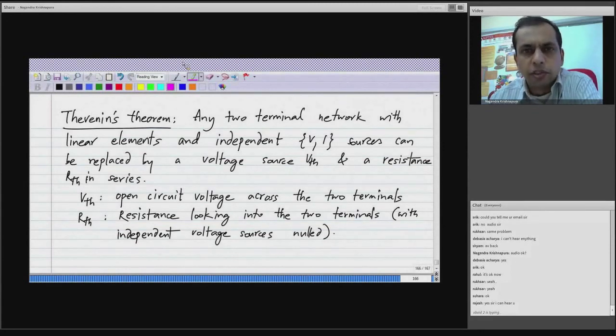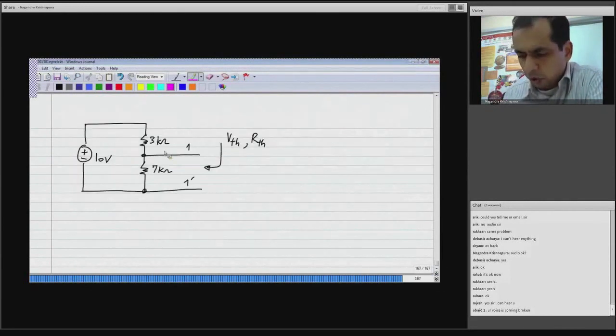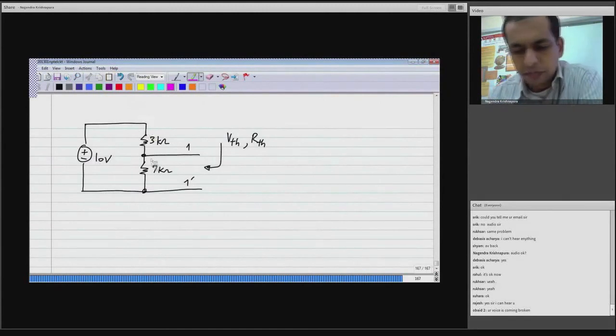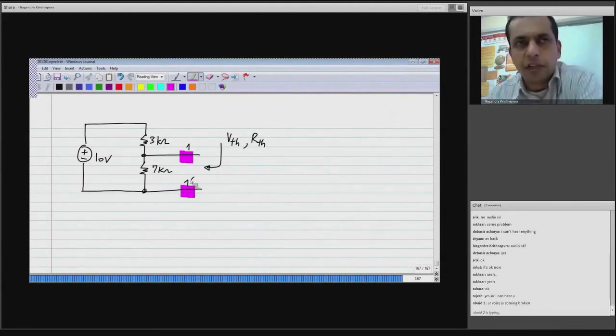The voltage source is found by determining the voltage across the two terminals with nothing connected to them, and the resistance is found by nulling all the independent sources in the network and finding the resistance looking into the two terminals. We will work out an example, and the example circuit I took is this very simple circuit. I have a 10 volt source, a 3 kilo ohm resistor in series with 7 kilo ohms, and these are the two terminals at which I want to find the Thevenin equivalent.